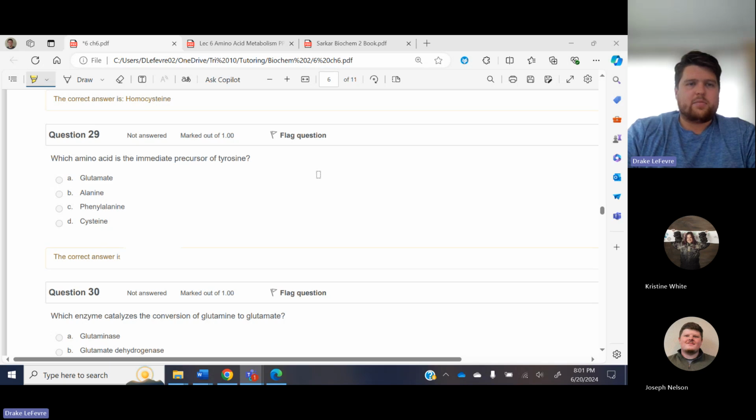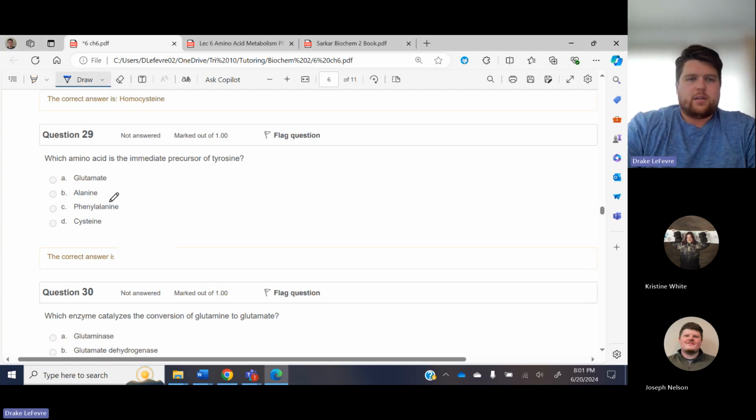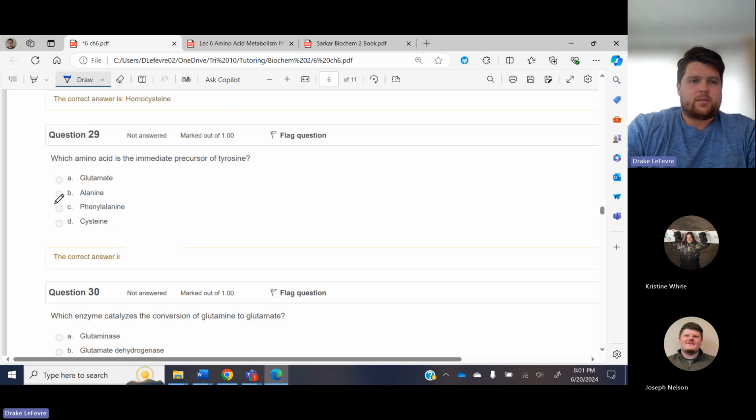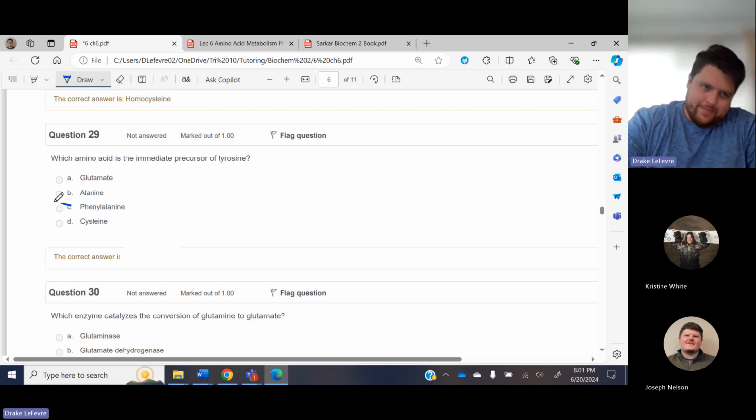Which amino acid is the immediate precursor of tyrosine? We think about these guys. Tyrosine is one of our ring structures. Easiest way to remember, look and see which other ones are potentially similar to it.